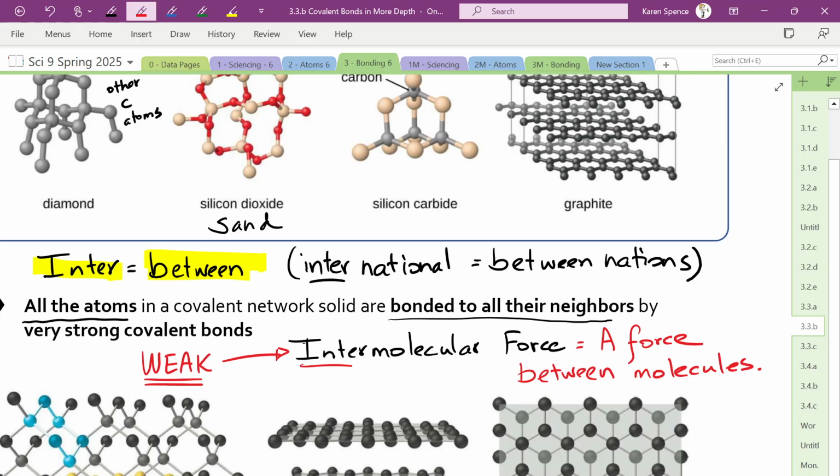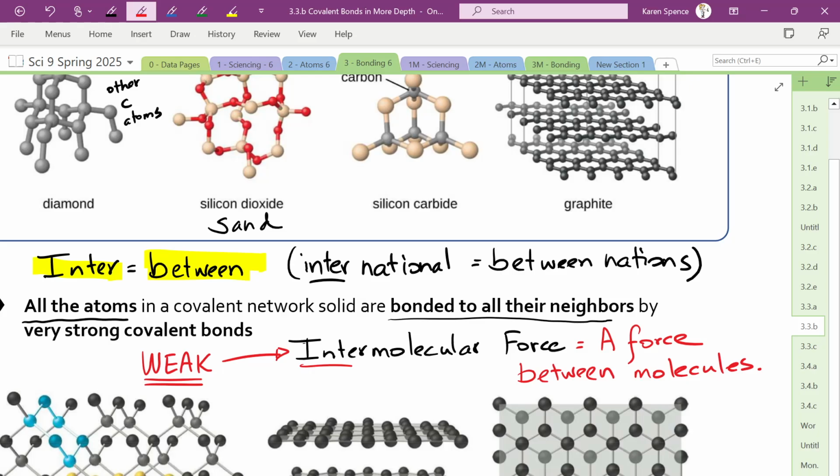Okay? And let's say my desk was a sheet of paper. So there are intermolecular forces in between this sheet of the graphite and the second sheet of the graphite. But when I touch the pencil to the paper, if we pretend my desk is the paper, there will also be intermolecular forces between the graphite and the paper.